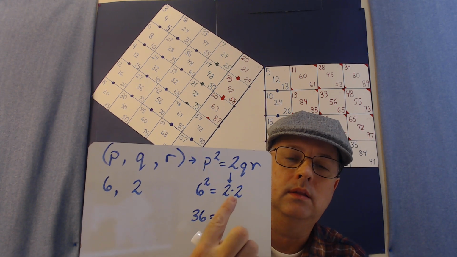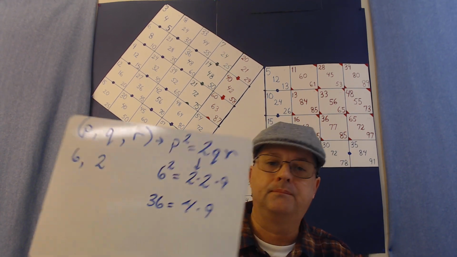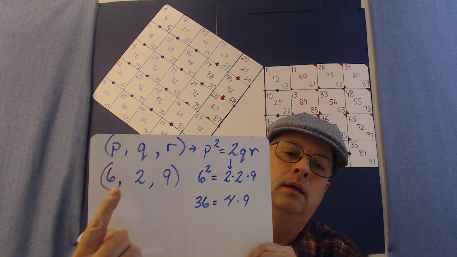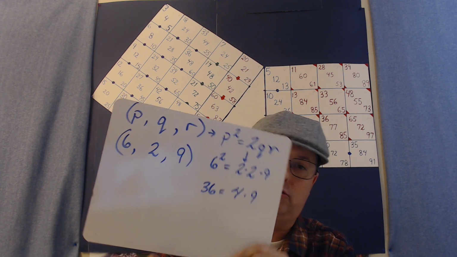And so if I let Q be 2, like that, okay, then I'll have 2 times 2 is 4, and then 4 times 9 will be 36. Okay, and so that's how I'm going to pick my P, Q, and R as 6, 2, 9. And now this is not the Pythagorean triple. This is the P, Q, and R set that will generate a Pythagorean triple.